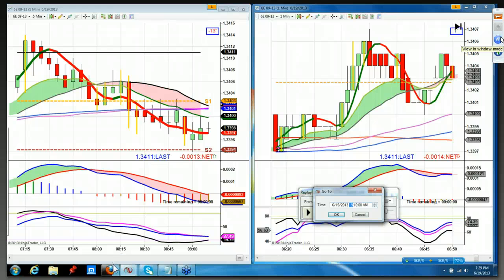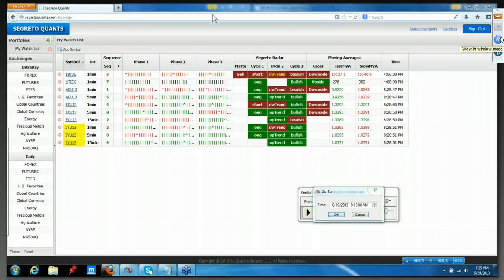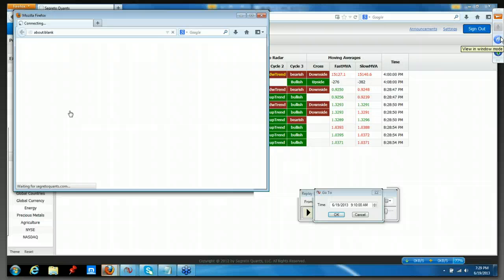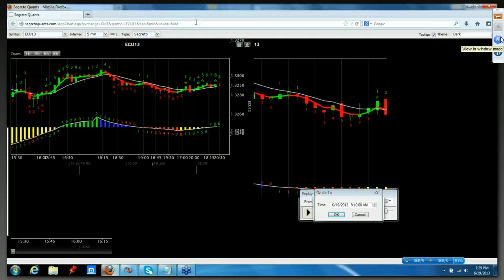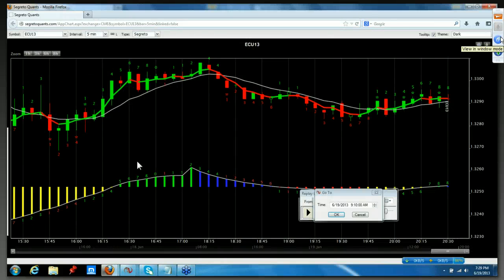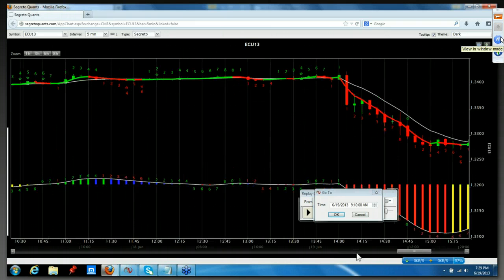Let's close that. What I'm going to bring up is the euro chart, and what I'm looking for is the perfect place to go back to show you the example at 10:15 of the run-up.